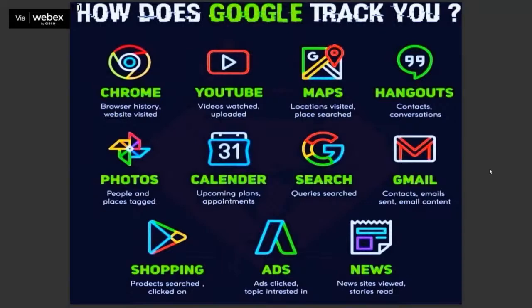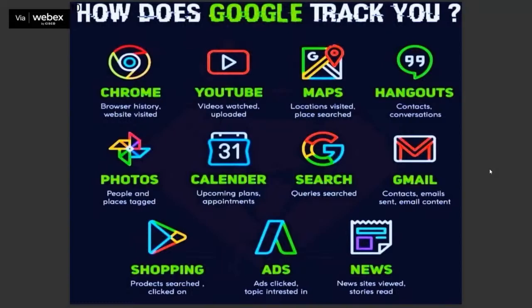Everybody is on Gmail, and then shopping applications, and sometimes we click ads, and sometimes we read news through news portals. Whenever we use these components, they directly provide our information to Google, and that is why Google knows everything about us.